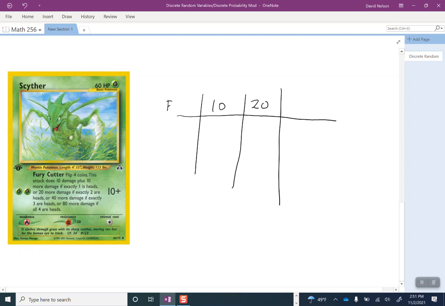If exactly 2 are heads, you're going to do 20 more damage plus the 10 damage, so 30 damage. If 3 are heads, you're going to do 40 plus the 10, so you're going to do 50 damage, and you're going to do 90 damage if all 4 coins are heads.